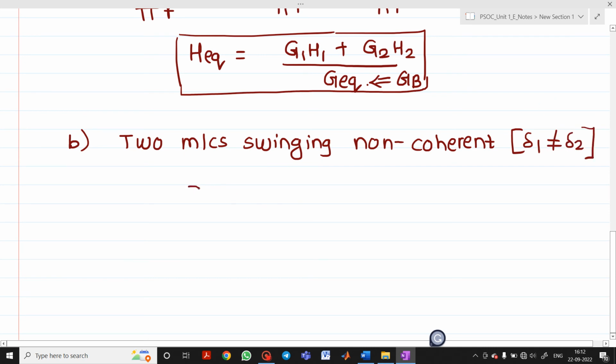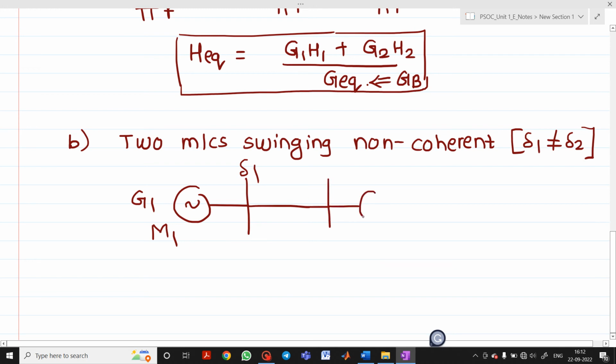So let us consider again one generator. This will be generator G1 having angular momentum M1, with load angle delta 1, then this is the transmission line, and here this will be the other generator G2 having moment of inertia or angular momentum M2, and the load angle will be delta 2.